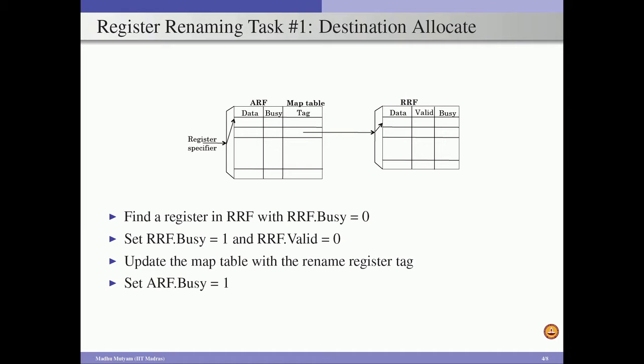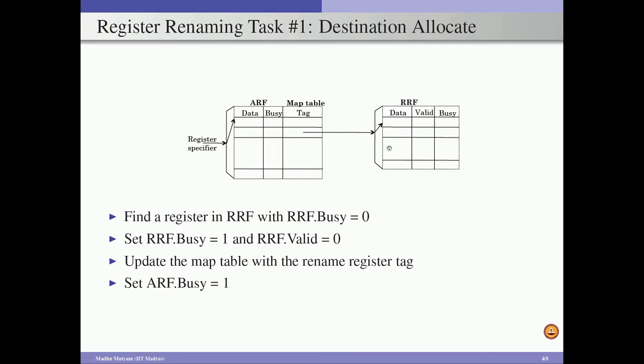Once we do this setting and resetting of the valid and busy bits, we move on to the ARF and map the corresponding entry in the tag field of this map table, so that this architectural register is now renamed to a rename register in the RRF, and any dependent instructions that use this architectural register are redirected to the RRF to get the value. So, that is the third step: update the map table with the rename register tag.